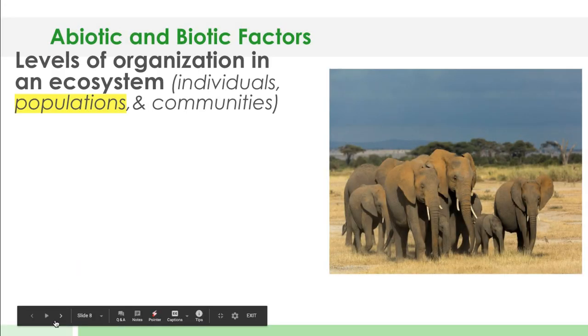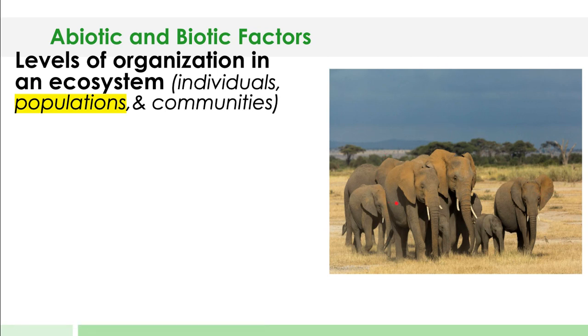I want to go over a few things. Let's think about abiotic and biotic factors, right? Levels of organization in an ecosystem. Remember these things that we've already talked about. So this here, you see, is a population. Just one of them would be an individual, right? And then we talked about a community, but we don't need to talk about that right now because we've already learned it.